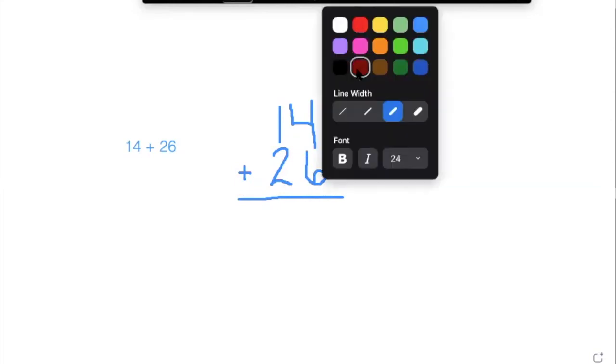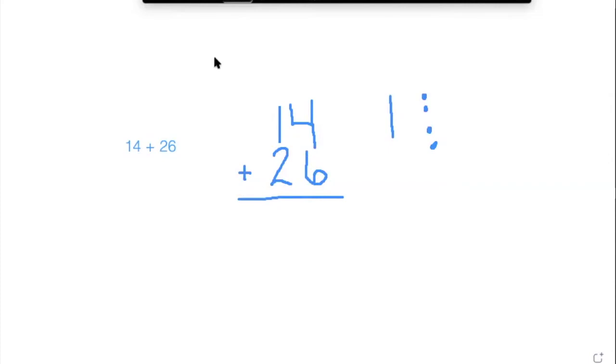Let's quickly make that nifty little box that they have. We're going to draw, so here's my 10s, and my 1s.